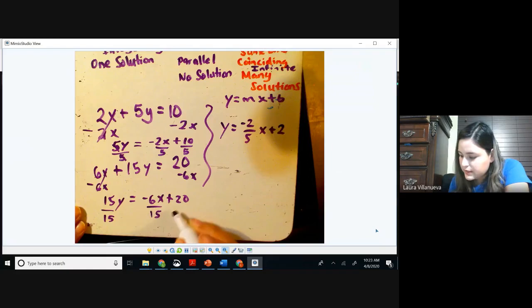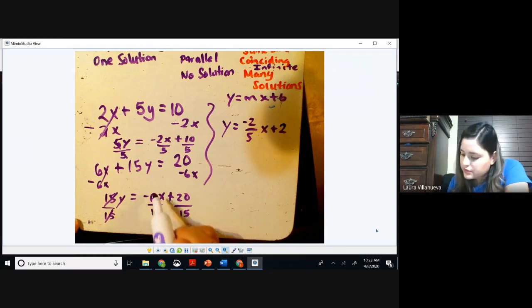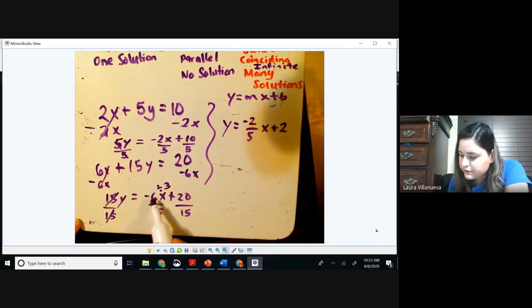So divide and divide. Now this is when it's a little bit difficult, but think about ways you can divide a number between 6 and 15 that will make this a simpler fraction. So I'm going to divide by 3. 3 fits in 6, 3 fits in 15.